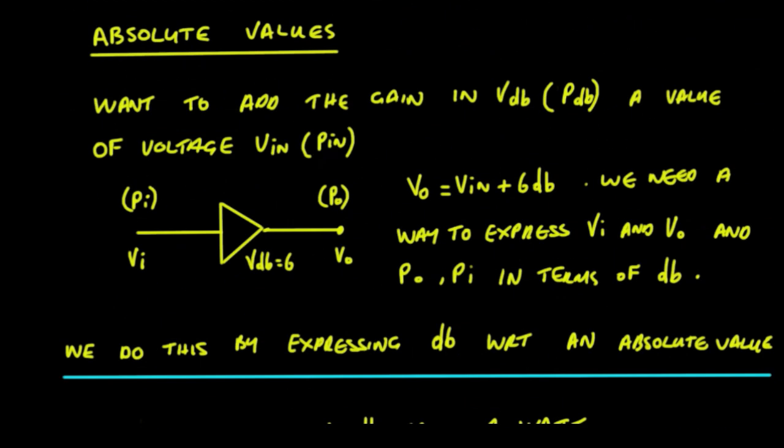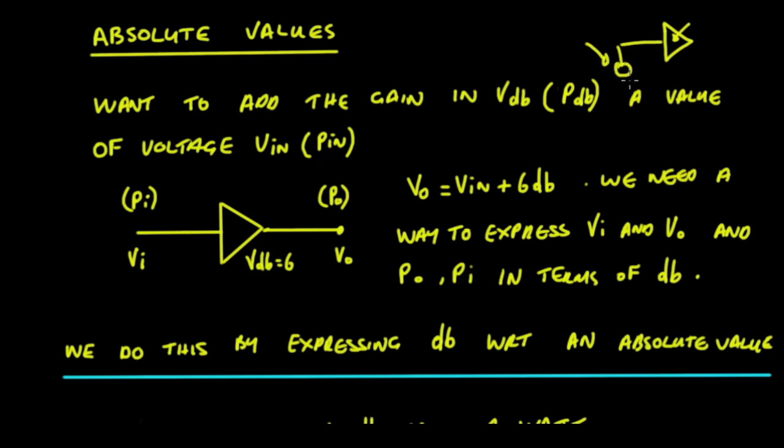We'll move on now. Whenever we're designing circuits, we want to be able to not only work out the gain of amplifiers, in terms of a power gain and also a voltage gain, but also take an input signal into an amplifier with the input signal in terms of dBs as well.